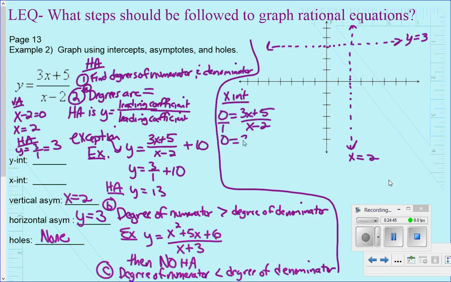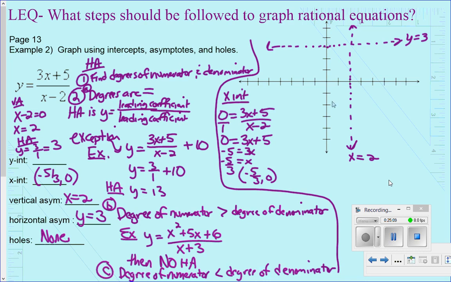So 0 times x minus 2 is 0. 3x plus 5 times 1 is 3x plus 5. So negative 5 equals 3x. So x equals negative 5/3. So my x-intercept is negative 5/3, 0. So negative 5/3 we know is negative 1 2/3.